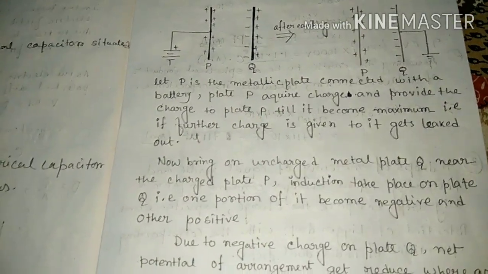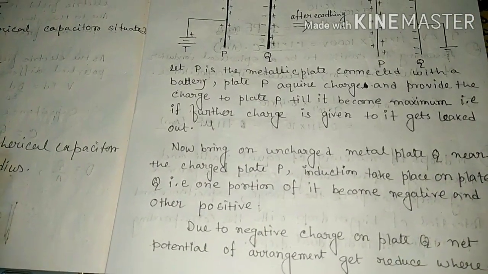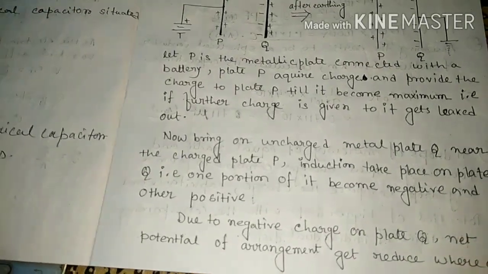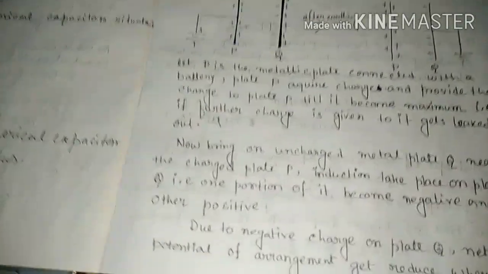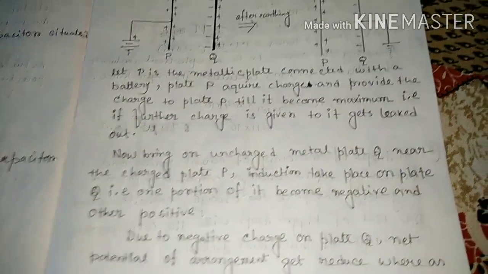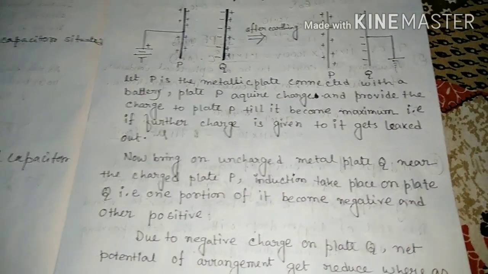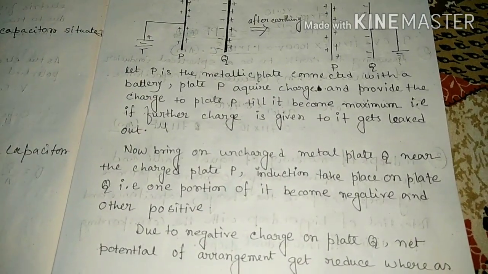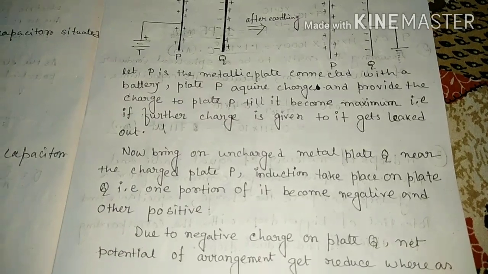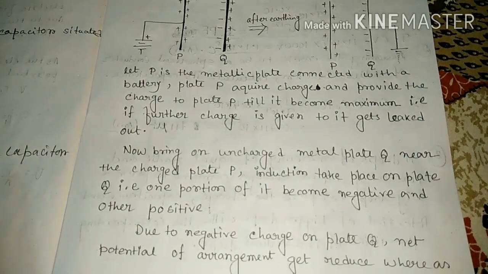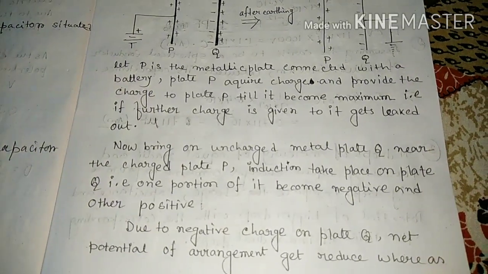In a previous video we also discussed that when the leakage process starts, the conductor does not receive a significant amount of charge from the source or battery. Now we bring an uncharged metal plate Q near the charged plate P, and due to the induction process, the left side of plate Q will be negative and the right side will be positive.